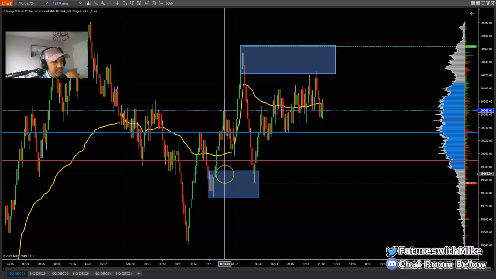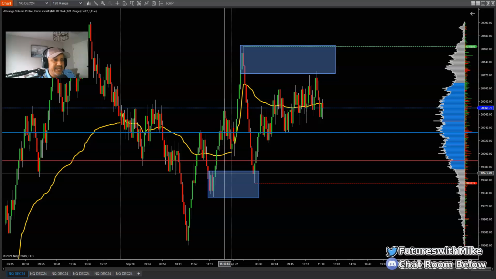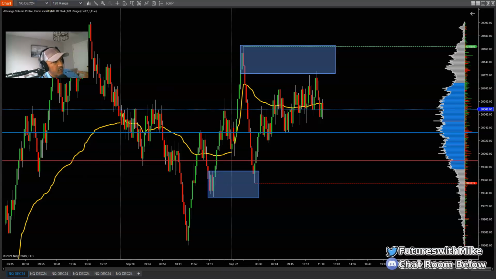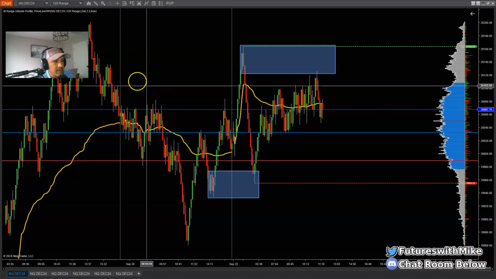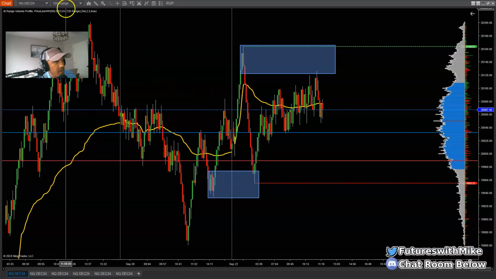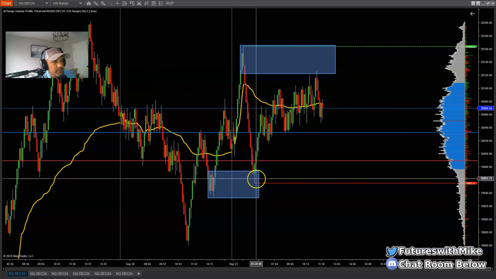Now, this was a demand zone off the 120 range. I trade range-based charts, but you'll see these types of setups on time-based charts as well, or time frame charts, I should say, those that trade the time-based charts like the 60-minute to 5-minute. I trade range-based, so I like to mark my zone starting with the higher base chart and then scaling down. But this right here is a demand zone that was created around the London session time, around 3:20 in the morning.